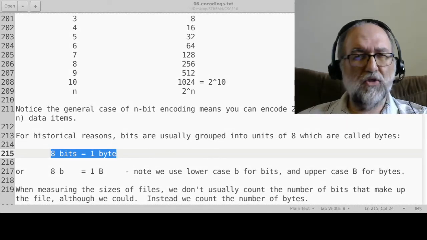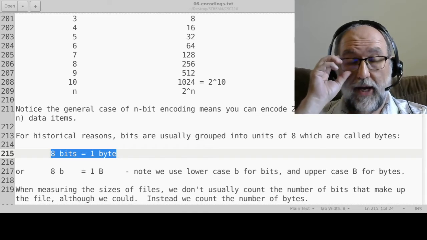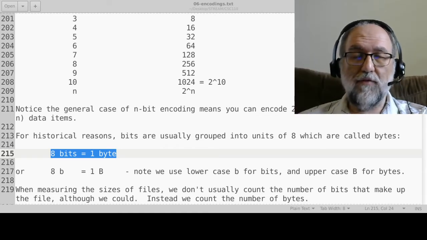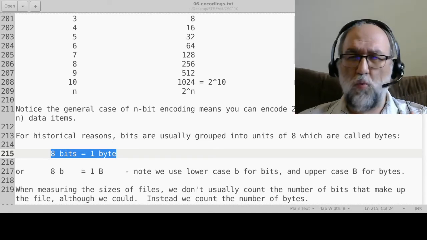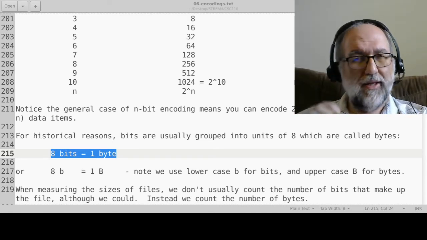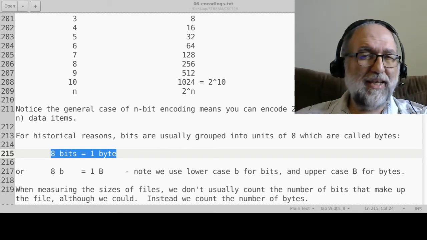And now the language is starting to sound familiar, because you go out and buy that USB drive, and on the side of it, it says 64 gigabytes. Generally we don't talk about bits that much. We do when we're working with computers at the microscopic level, but it's easier to talk in terms of bundles of 8. So if you have 8 bits, that's a byte.